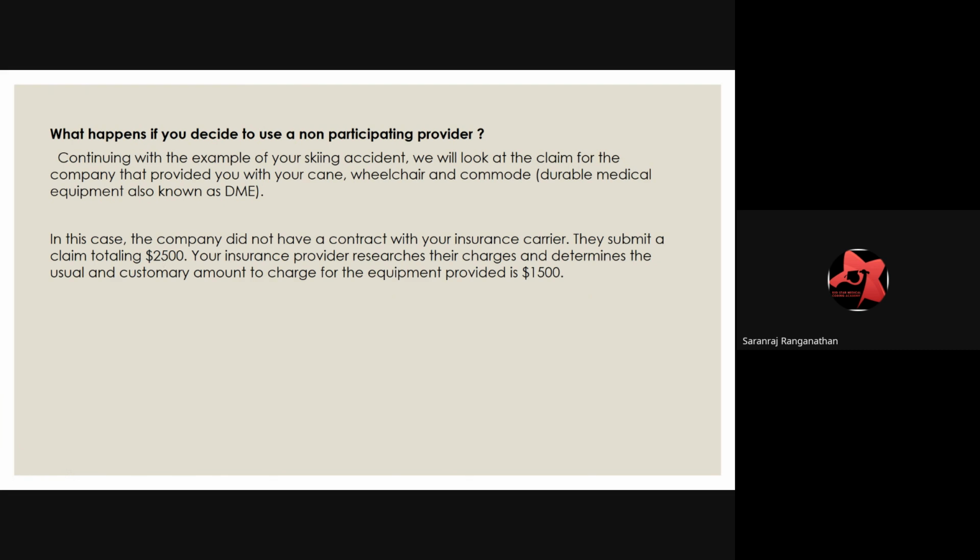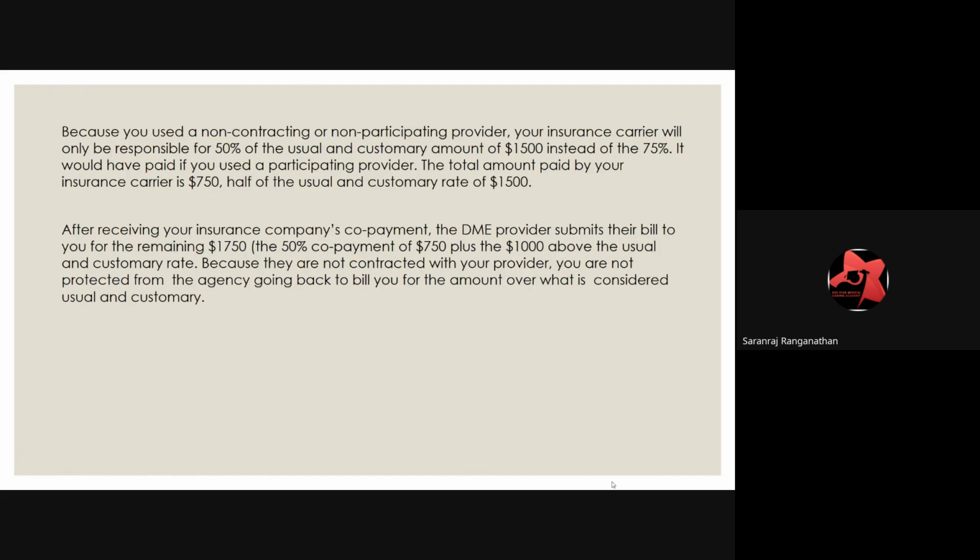$2,500. Your insurance provider researches the charges and determines the usual and customary amount to charge for the equipment provided is $1,500. This is different because you used a non-contracting, non-participating provider.